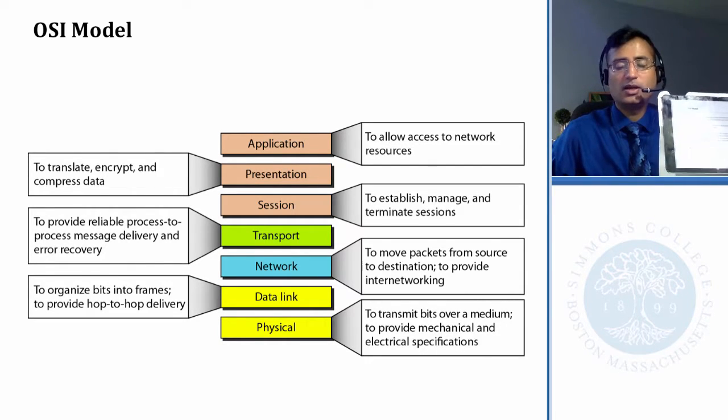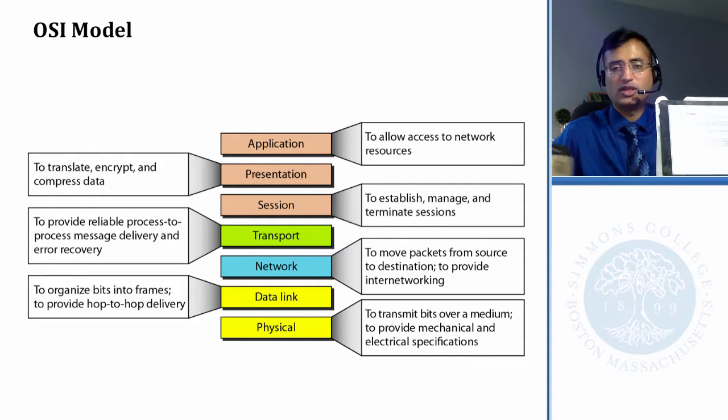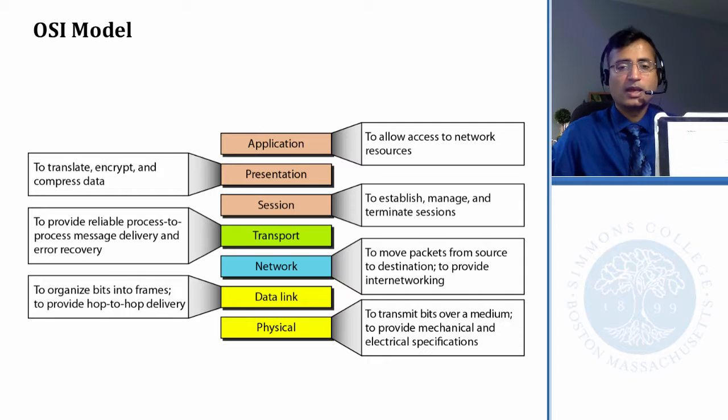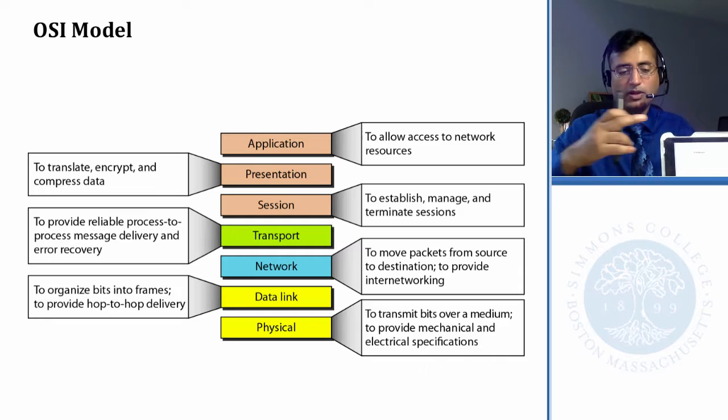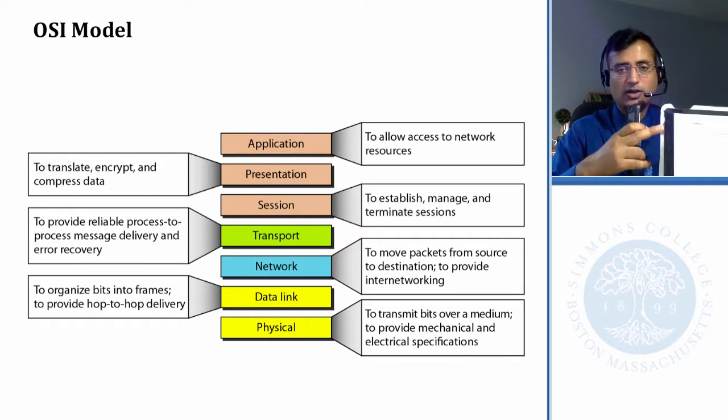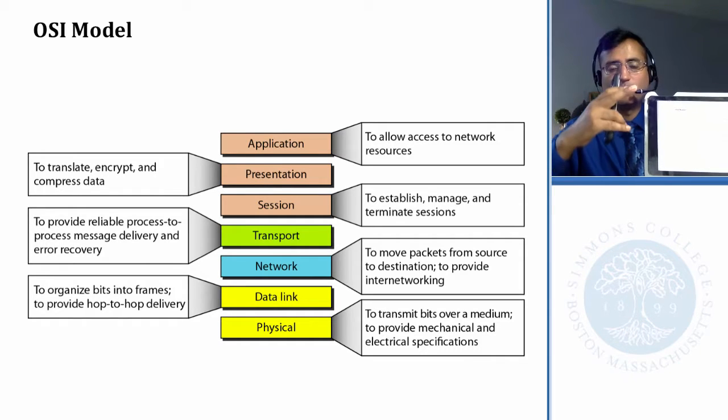So the physical layer here means that it's a physical connection which is connecting all of these devices, and that's transmitting the bits over the medium, and it provides mechanical and electrical specifications. And the way it moves is that all the services from the application layer to the physical layer on this device move from the top to the bottom.